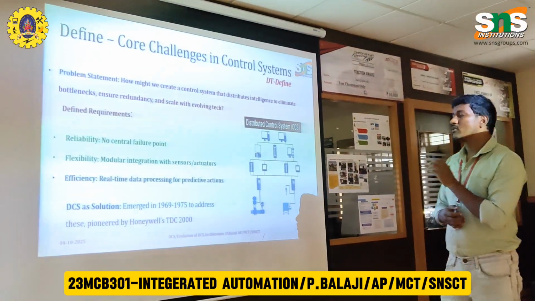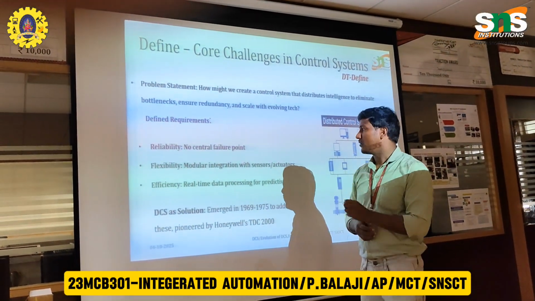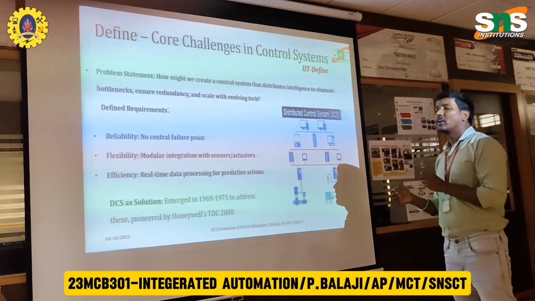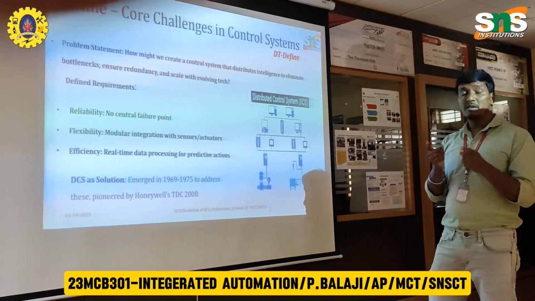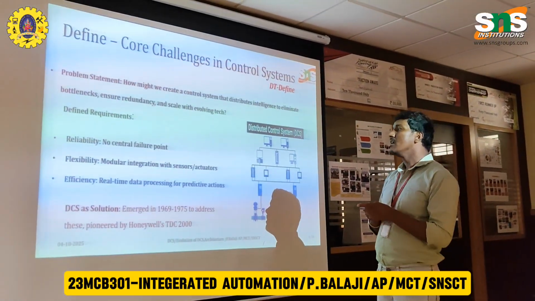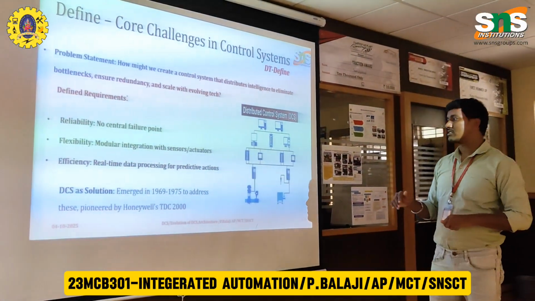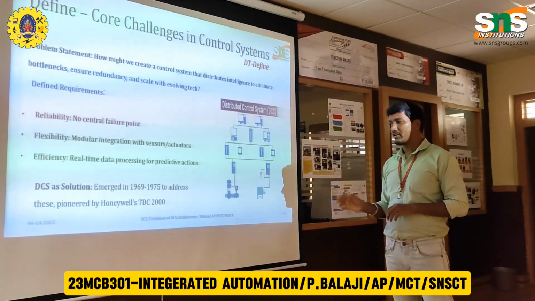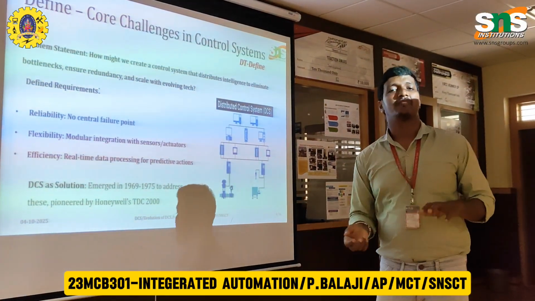It should have reliability, flexibility, and efficiency. Reliability means no central failure points in your DCS system. Flexibility means modular integration with sensors and actuators. We also have real-time data processing and predictive actions available. For that application we can use the DCS. The remaining things we can see in our next video.